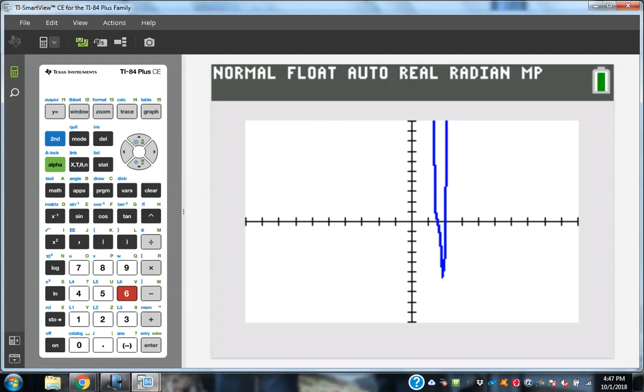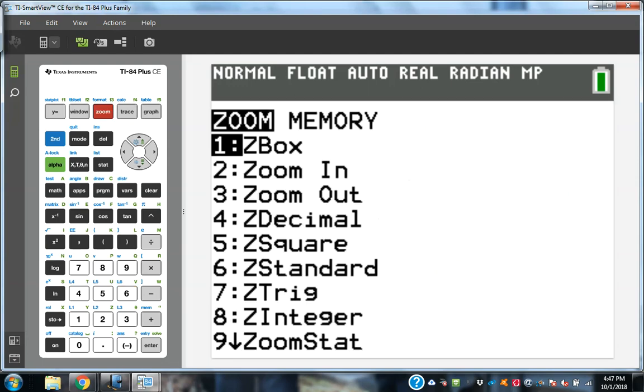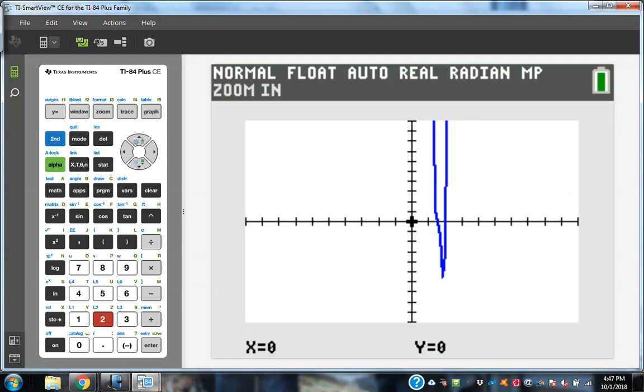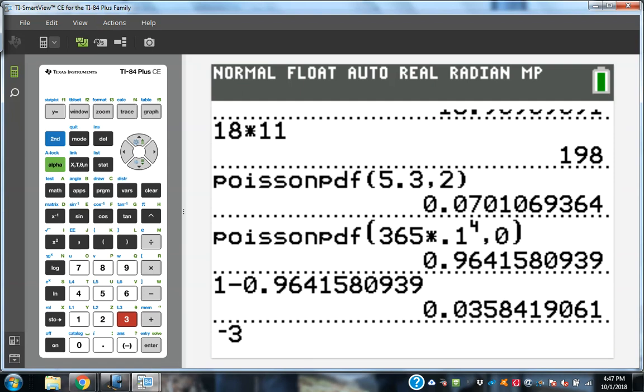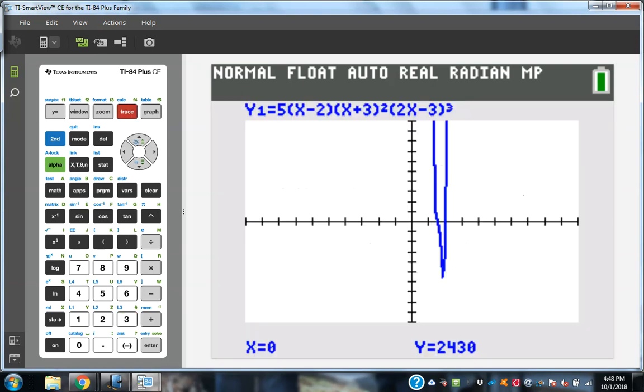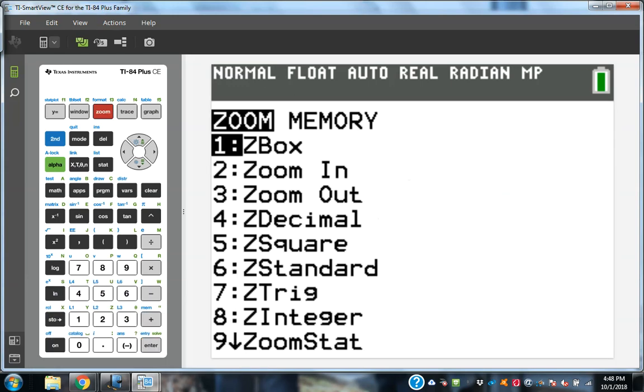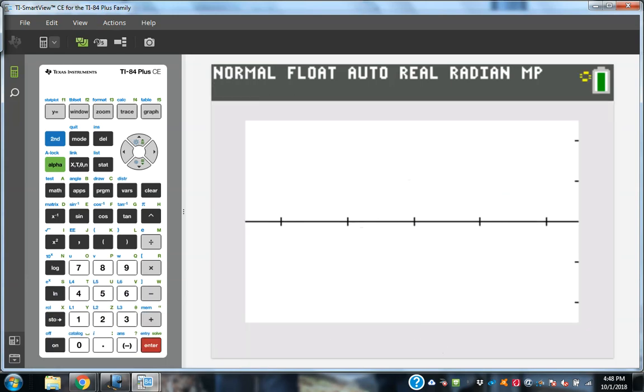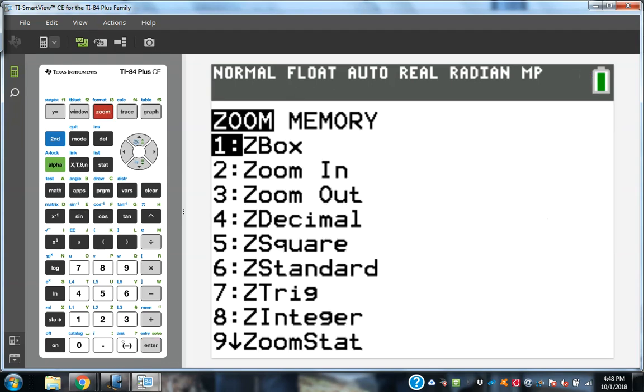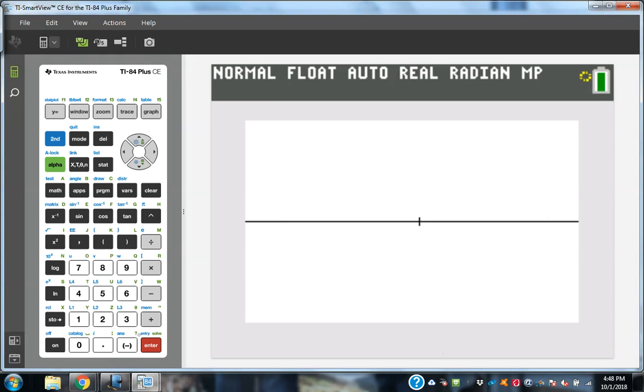So I'm going to zoom in over there and see what's happening. Zoom in at -3. Now zoom in right there. I'm going to zoom in one more time. See, I'm starting to get a blue line there, and it's going down here. We can see that it kind of splits apart.